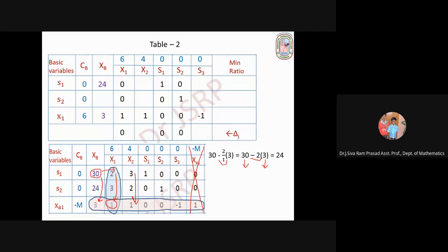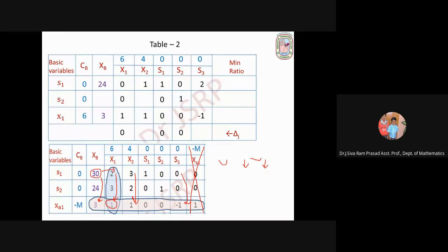So 3 minus 2 into 1, 3 minus 2, 1. x2 is 1. Next for s3, present value 0 and pivot row entry minus 1. 0 minus 2 into minus 1, so plus 2. So here write 2.